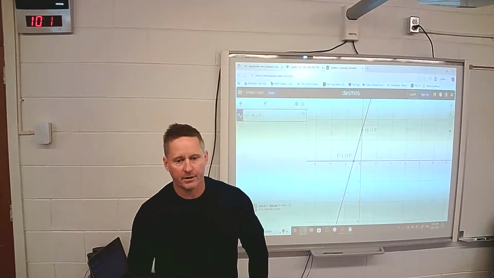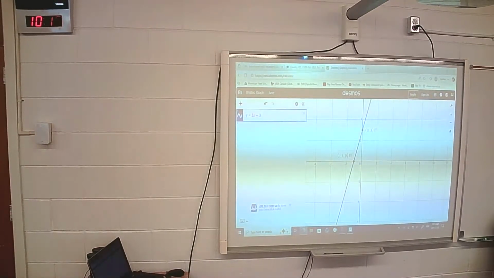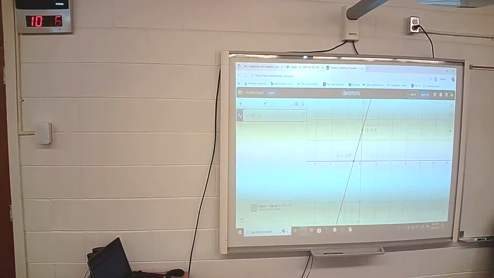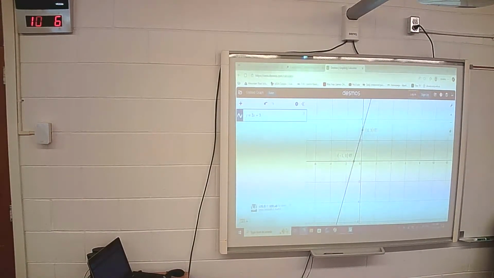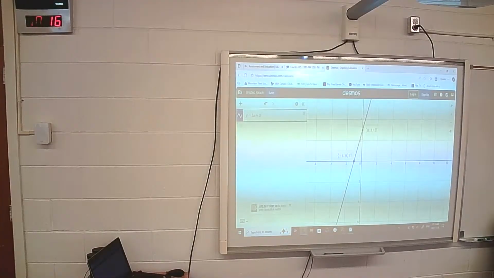Before I go any further, there's actually a real simple way of doing this when I have the graph presented in front of me. And that is count it. Let's find out what it takes. So what you're doing right now is telling somebody how to go from 0, 3 to -1 and 0.